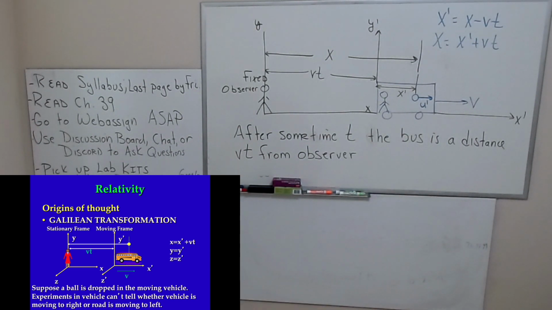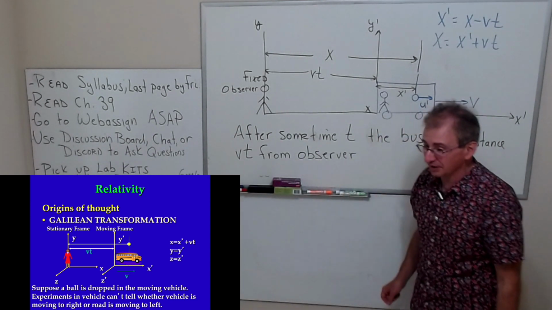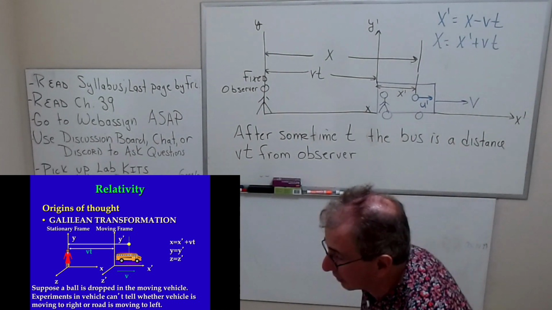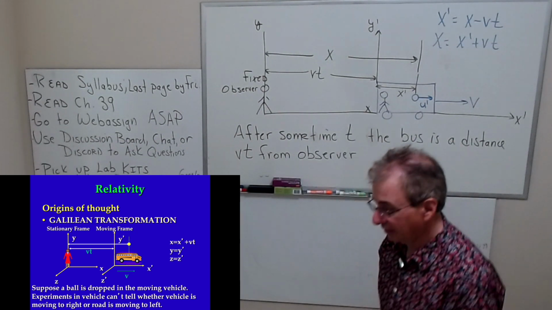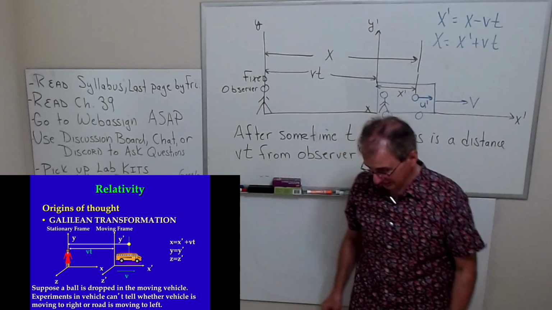Let me make sure I am using the right mic. It wasn't using the right mic. Can you hear me now? There. Yeah, that's better. I don't know why. Usually it automatically switches. Sorry about that. Thank you for pointing that out. Yeah, you're right. It was using the mic on the computer. Sorry.